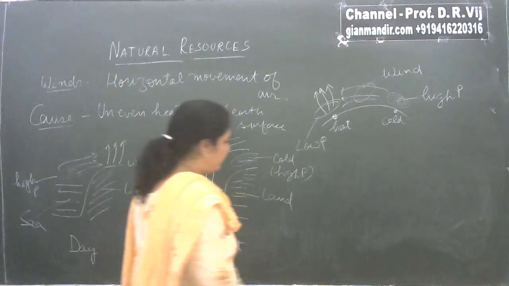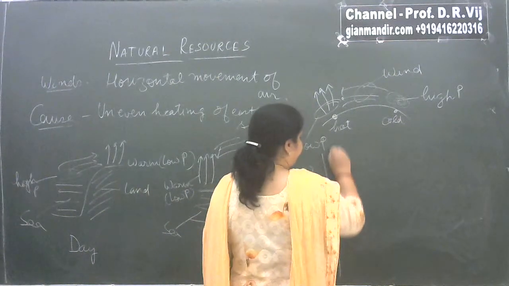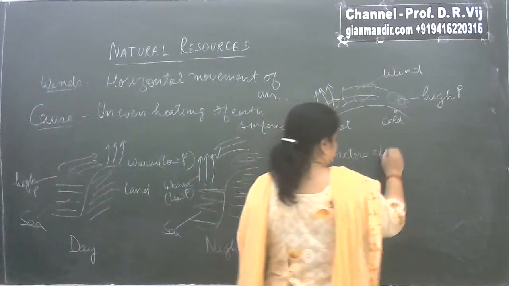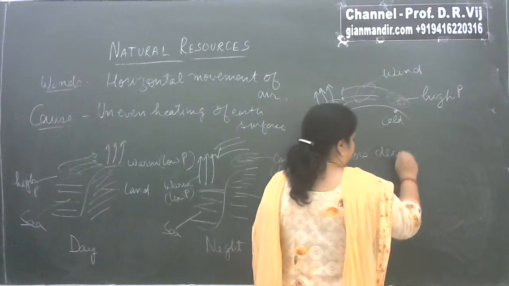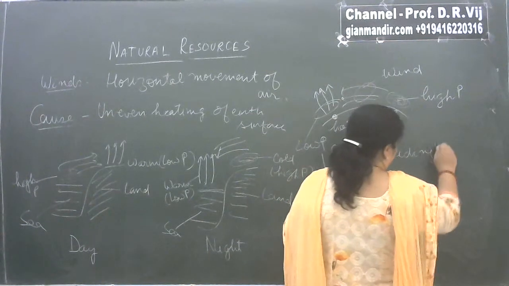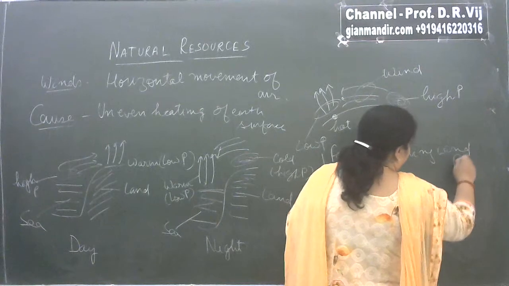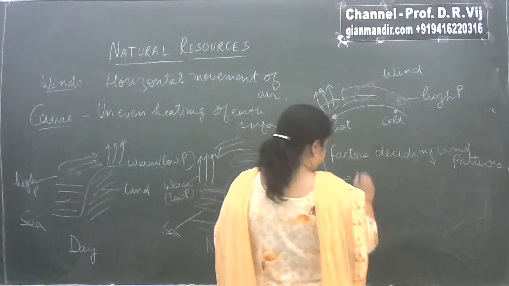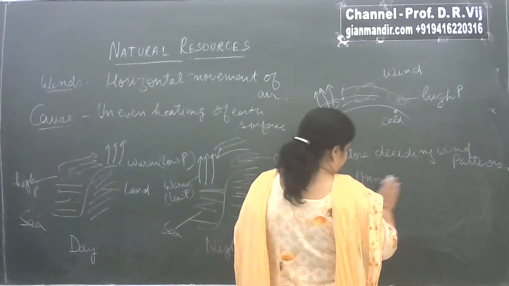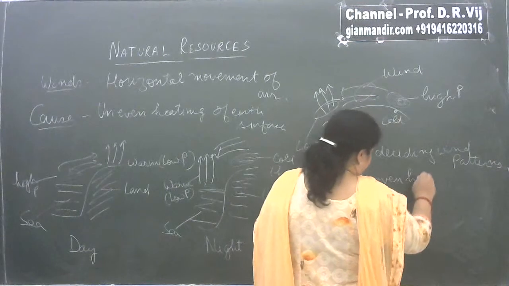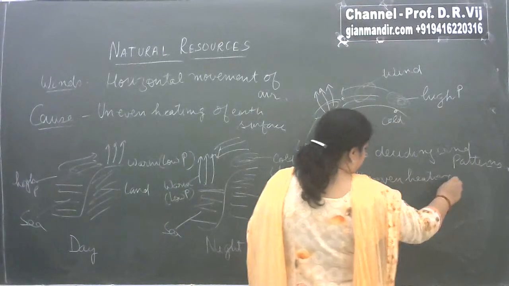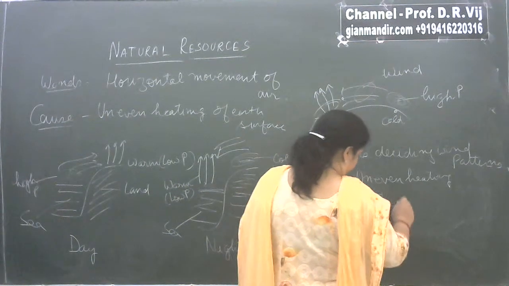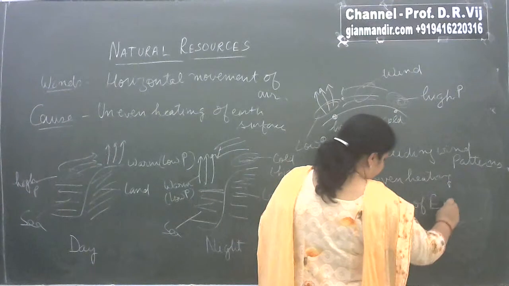So what are the factors that affect the wind pattern? And what are these factors? Of course, uneven heating, first one. Another one is rotation of the earth on its axis.